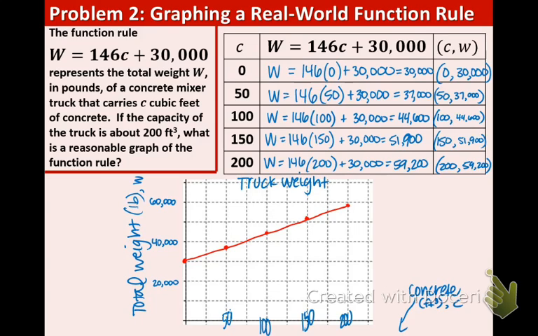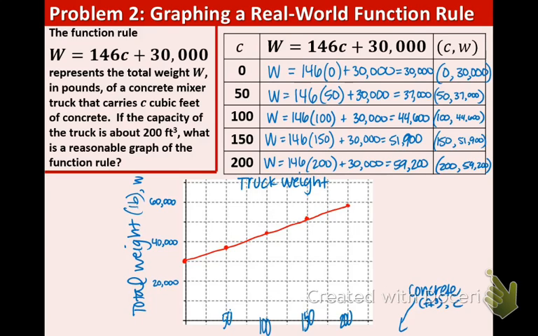So as you can see, represented by the red segment is all of the concrete amounts and the total weight of the truck. Now you may be thinking, why am I not drawing an arrow after the 200? We have a segment and not a line here because there is a capacity of 200 feet cubed.